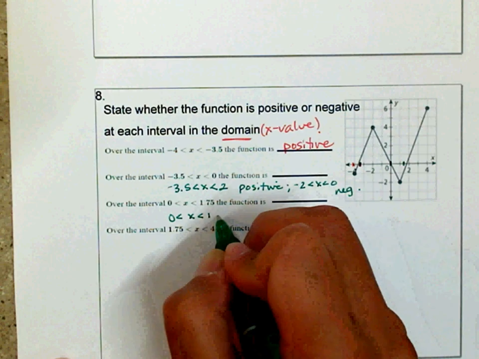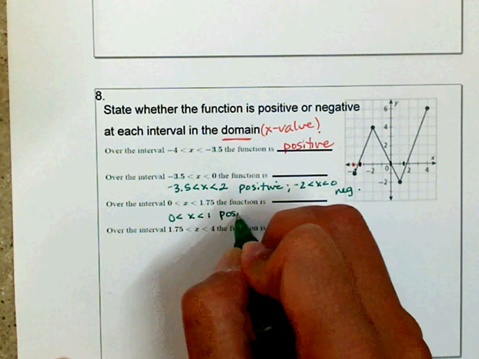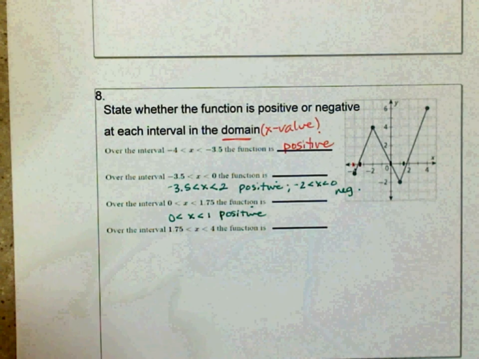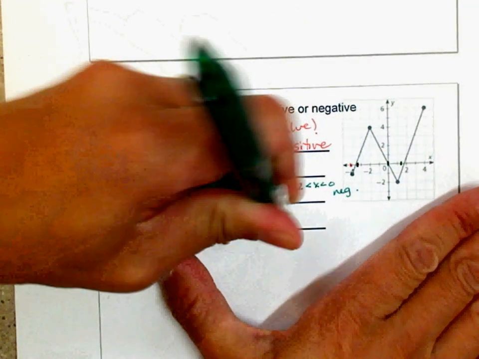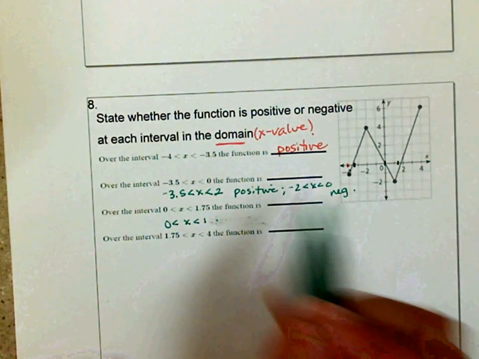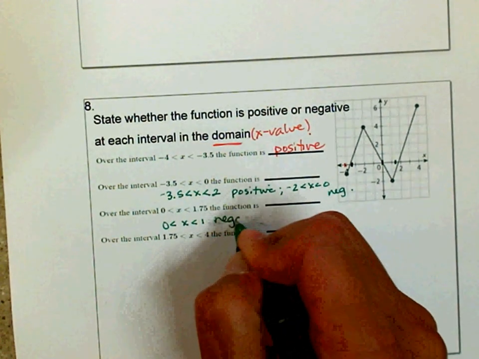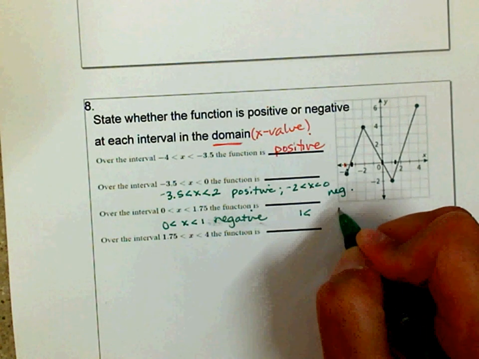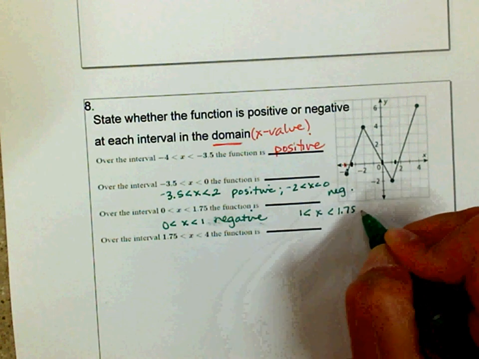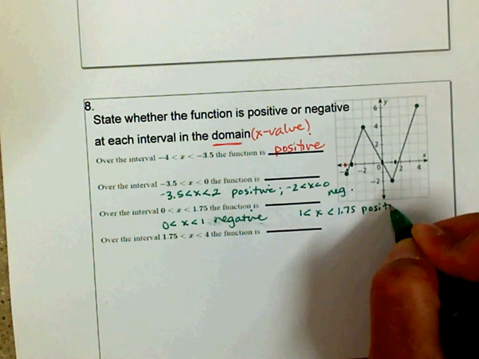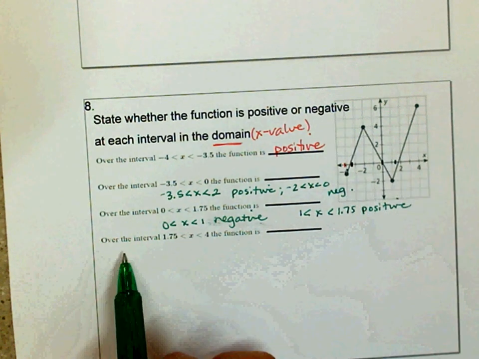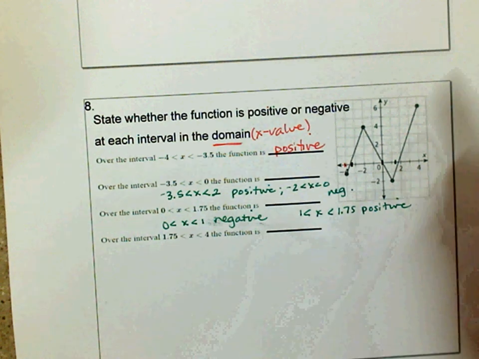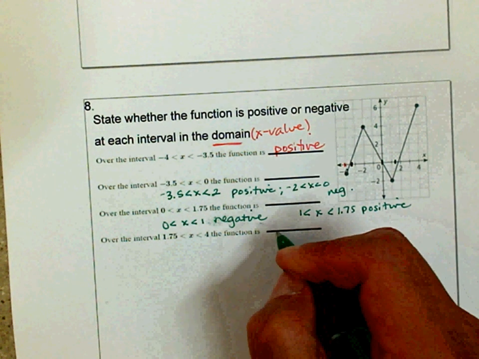Ooh, I lied. It's negative. Sorry. Negative. And then from 1 to 1.75, it is positive. And how about the interval from 1.75 to x to 4? That one is definitely positive. All right, so there you have it.